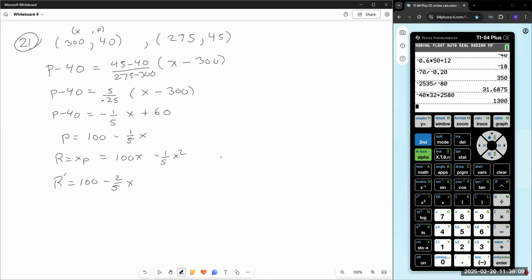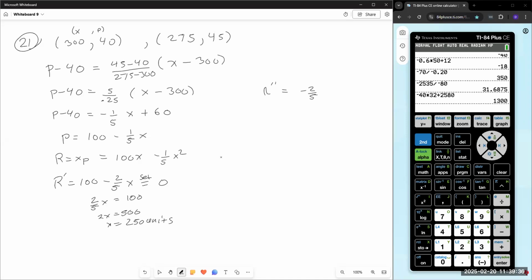And R double prime, should I need it, is negative 2/5. So the critical number that I am about to find has to represent a maximum for R. So 2/5 x equals 100, 2x is equal to 500, and x is equal to 250 units of production.